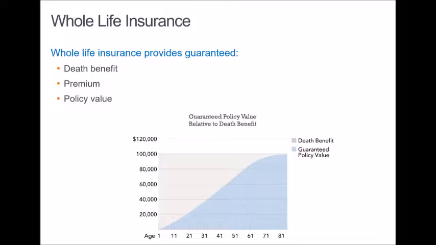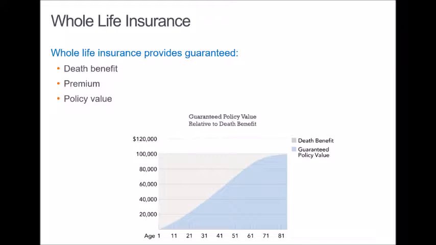Whole life is the classic form of permanent coverage. Generally, whole life features guaranteed premiums, cash values, and death benefits. Many whole life policies have a mechanism where cash value growth is enhanced by excess earnings or investment growth beyond the basic guarantees.